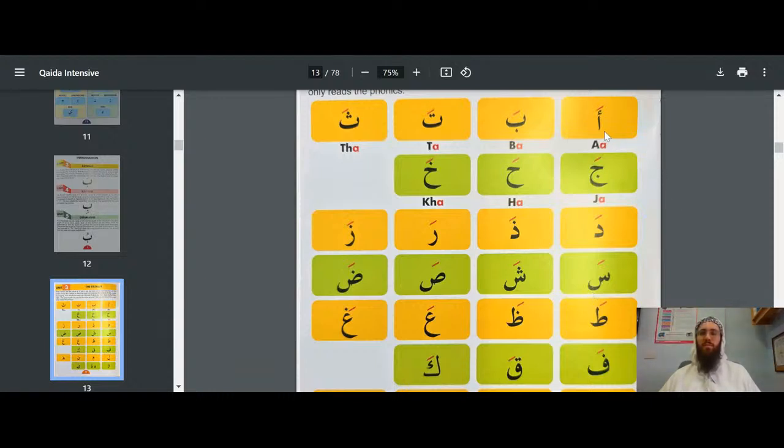So this is an alif, right? And it makes the same sound you would expect it to make if you add a fatha to it. This is a ba. So ba, ta, fa, ja, ha, kha, da, the, ra, za, sin, sheen, sod, da. I think I said these as well, so I might have got confused. Let me go back up to alif.